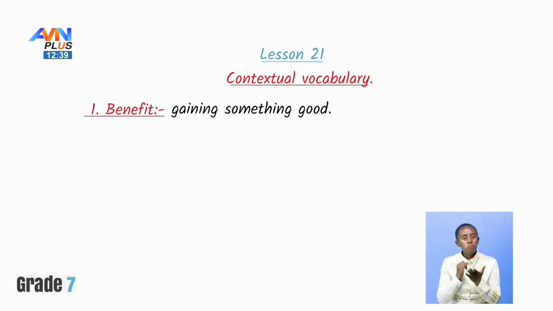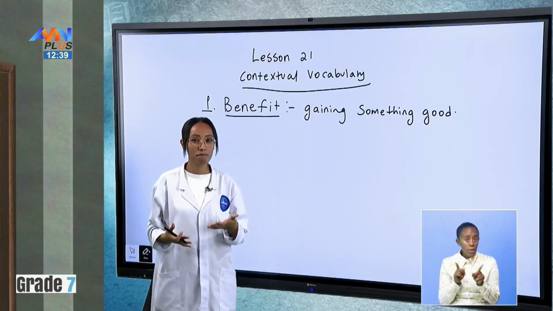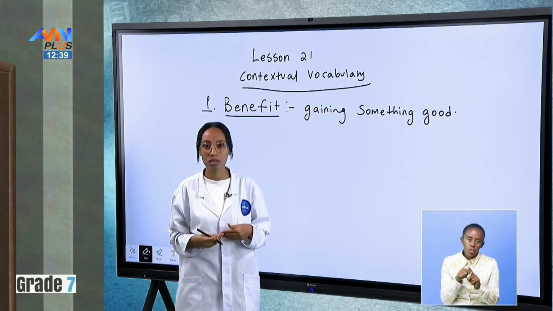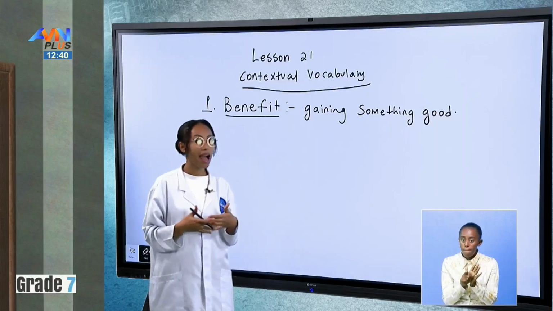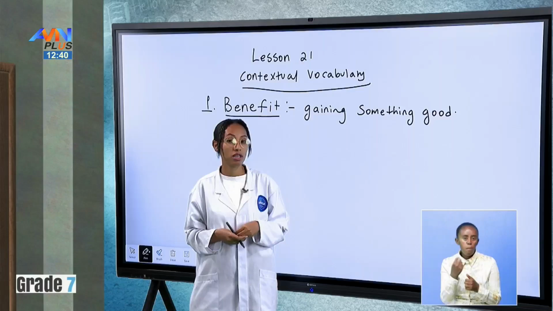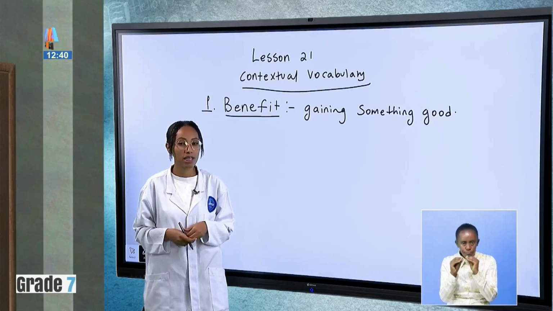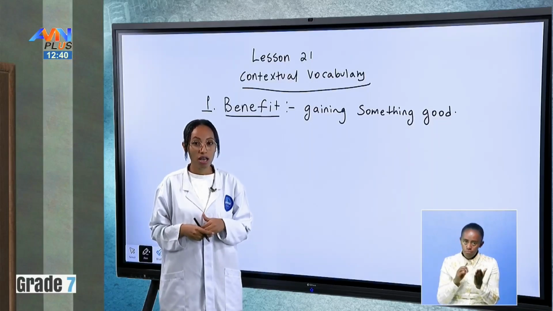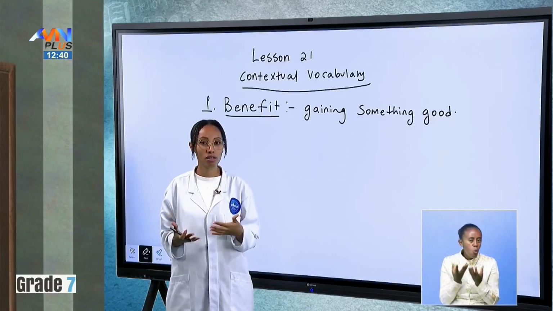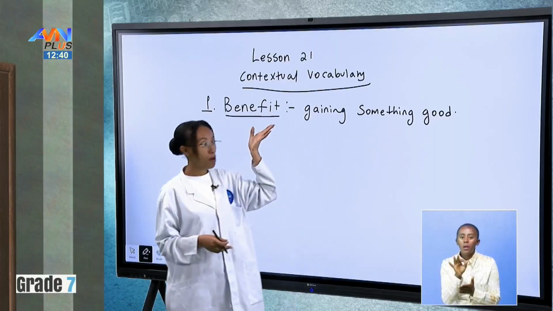It could be from people or it could be from places or things, but benefit means getting something or gaining something positive or something good. For example, I have a great benefit whenever I read books, or if we say, I gain lots of benefits from reading books. If you read books, then you get knowledge and you get to know lots and lots of things. So that is what? Something good that you gain from reading books.